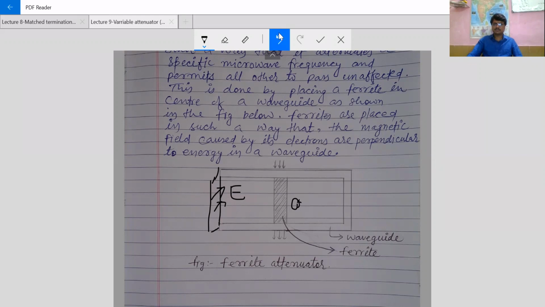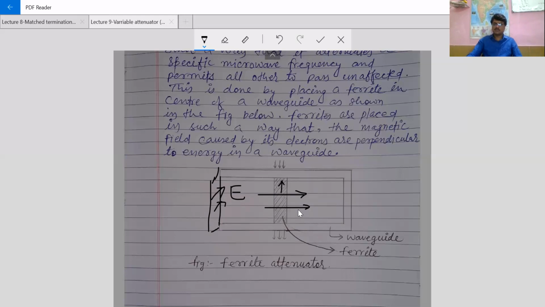Okay, so the magnetic field caused by electrons should be perpendicular to the flow of the energy. Let us suppose energy is flowing in this direction, so we place this ferrite such that the magnetic field produced due to the spin of the electron is perpendicular to this direction of propagation.